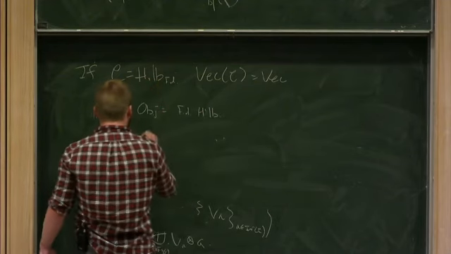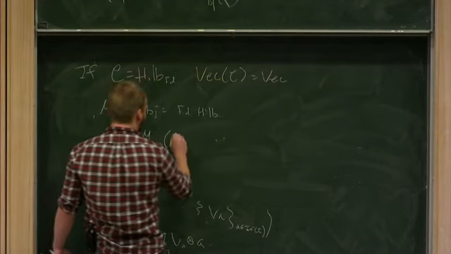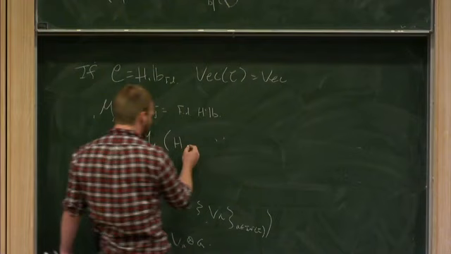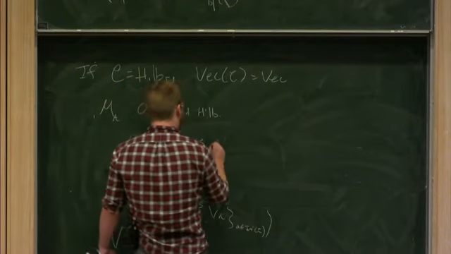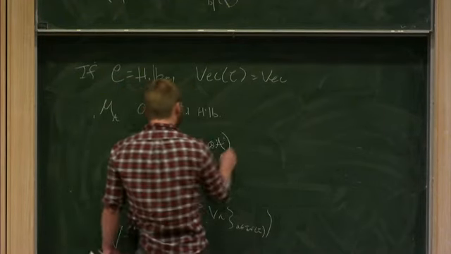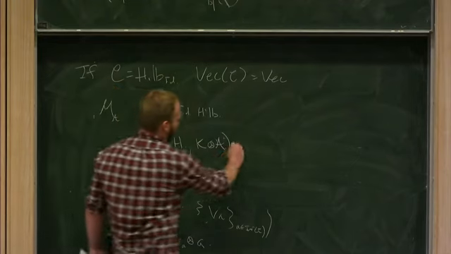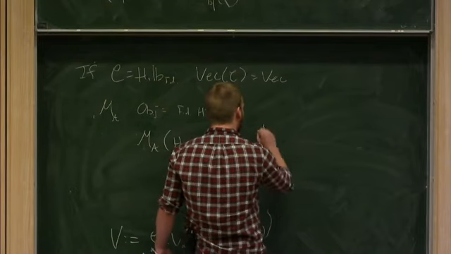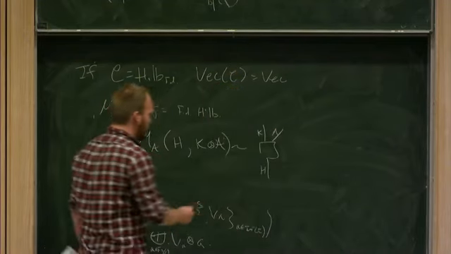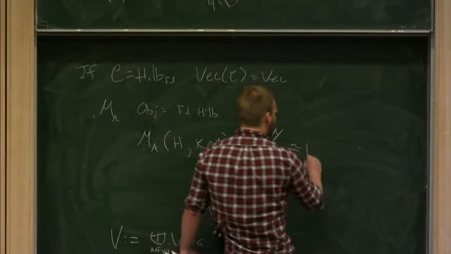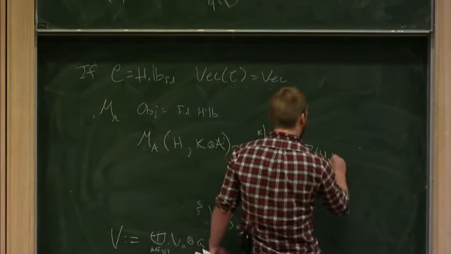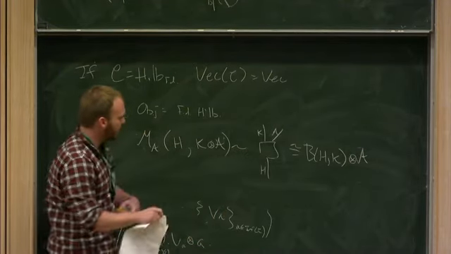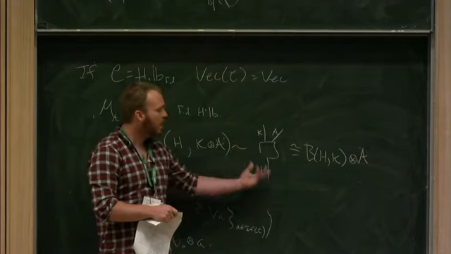And what are the Homs? So Homs in M sub A from H, I'll use H and K instead of little a's because they're Hilbert spaces. Well, this, which again is given by this picture here, is nothing other than the bounded operators from H to K tensor with A. You can use Frobenius reciprocity if you want to see this.